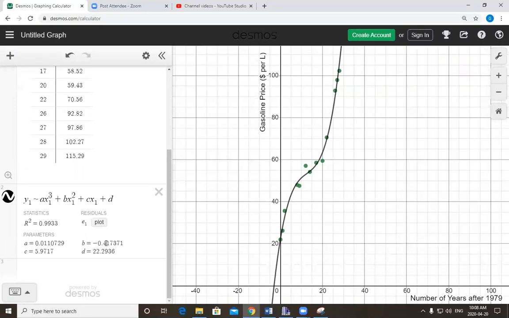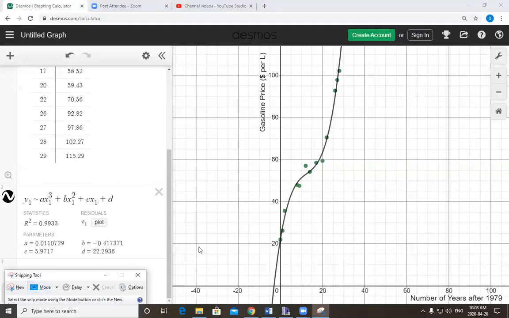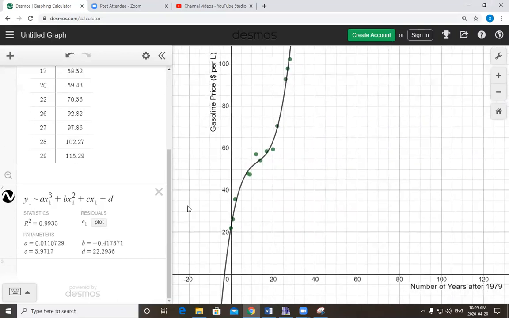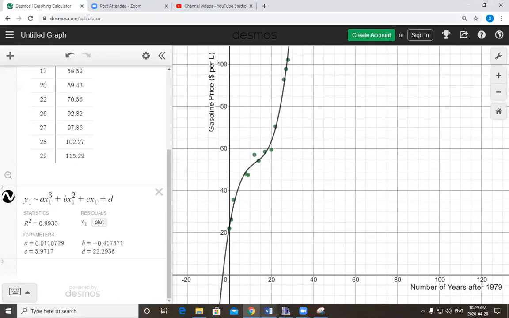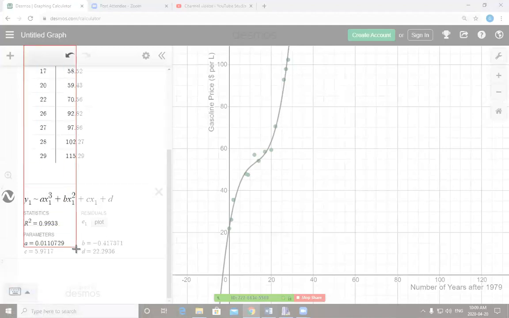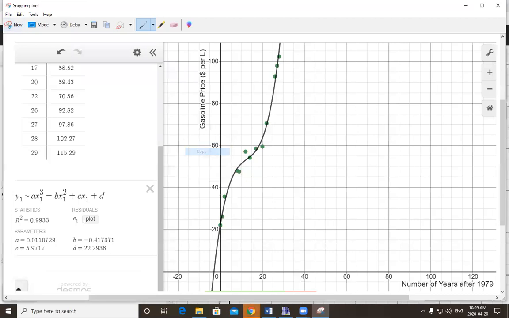So we have our A, our B, our C, and our D values. So we'll snip that, move that over, copy and paste.